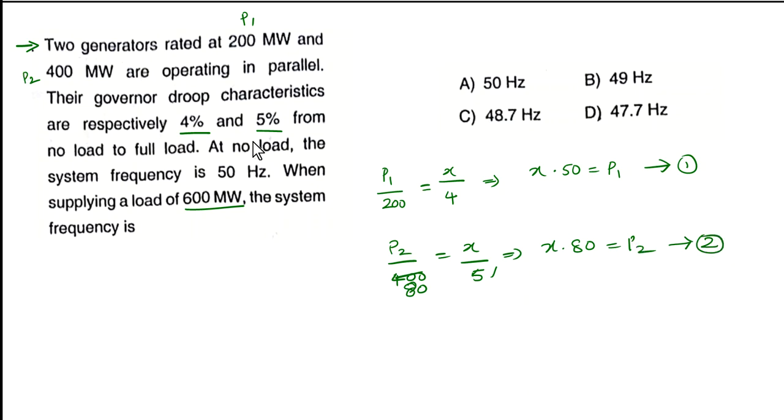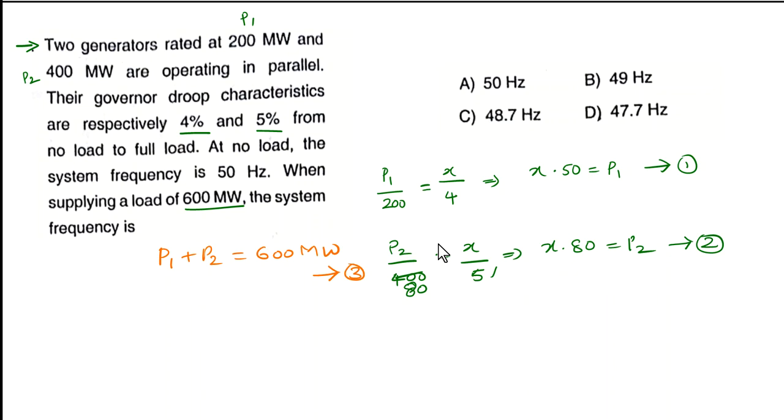As per the question, the two generators are supplying a total load of 600 megawatts, so P1 plus P2 is equal to 600 megawatts. This is equation number 3. By taking these three equations, we can find the value of x.